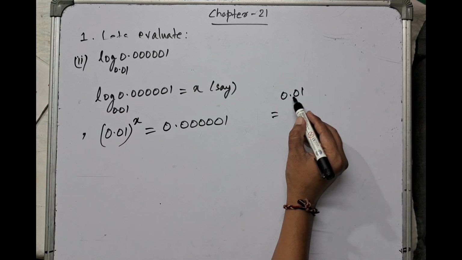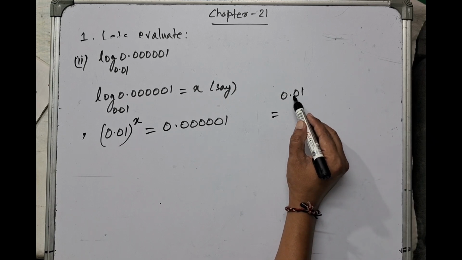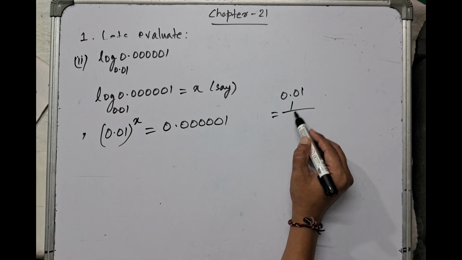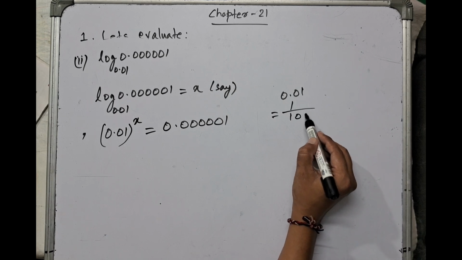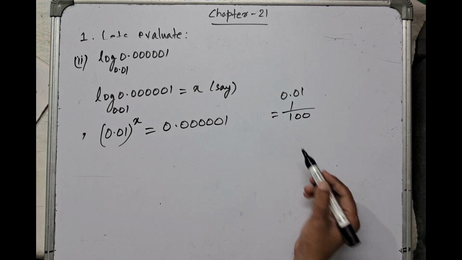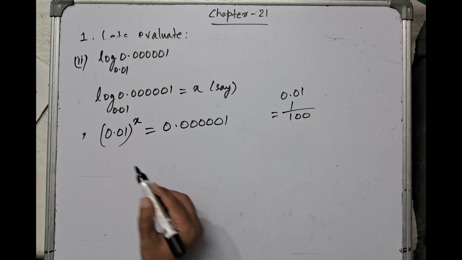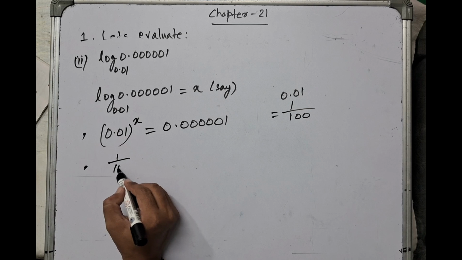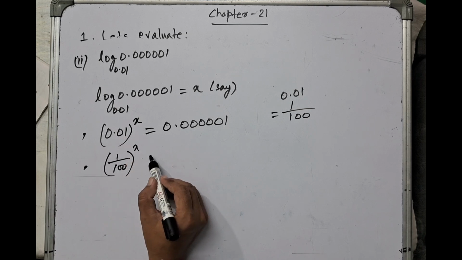So we have 0.01, which means we have a decimal point before 2 digits, isn't it? So we write 1 upon, we remove the decimal point and write 2 zeros in the denominator. Okay, 2 zeros means we are removing the decimal point from before 2 digits. So this number can be written in the form 1 upon 100, whole to the power x.